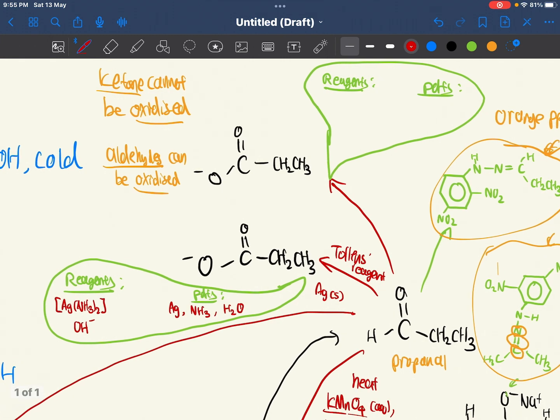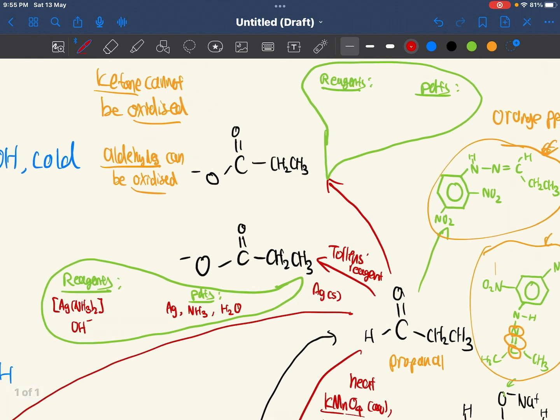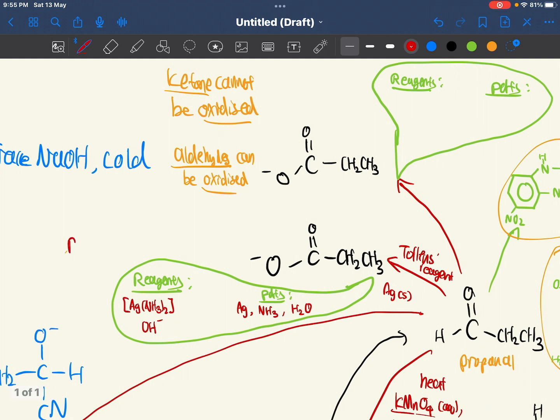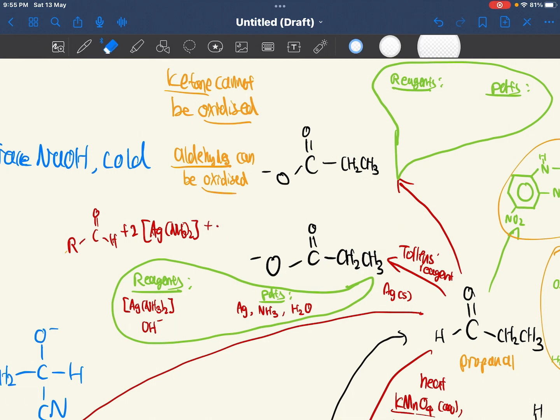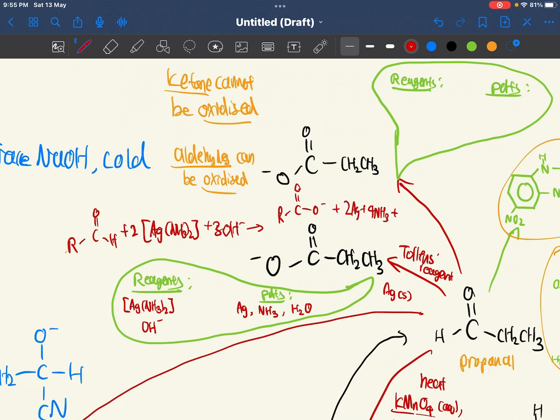So this is the product, and generally speaking, this is the general equation: 2Ag(NH3)2+ plus 3OH- from your aldehyde, plus 2Ag plus 4NH3, and you have your 2H2O.